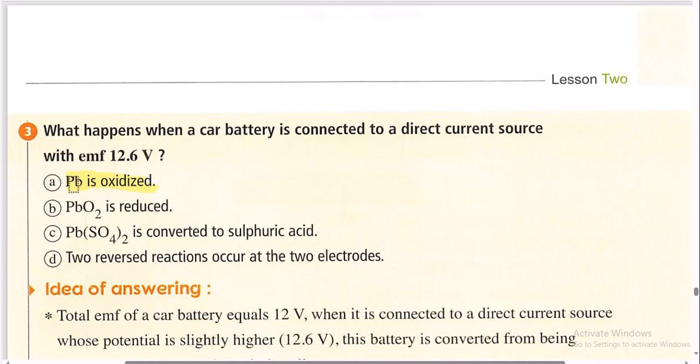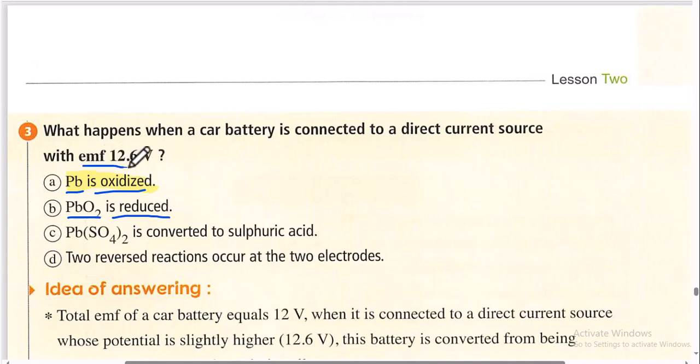An outer energy is supplied to the cell with a direction of the electric current opposite the direction of the reverse reaction. So when this lead acid battery is in a state of discharging, the anode in it is lead and it is oxidized, and the cathode is lead dioxide, in which the oxidation state of lead is positive 4, and it is reduced to lead 2 sulfate, positive 2, during discharging, not during charging.